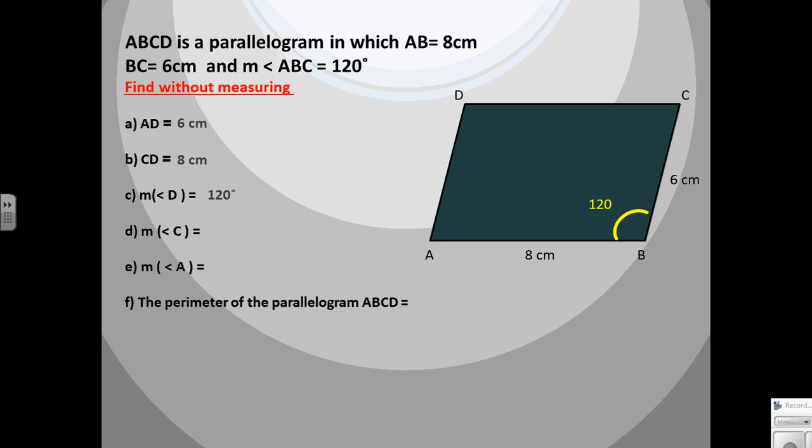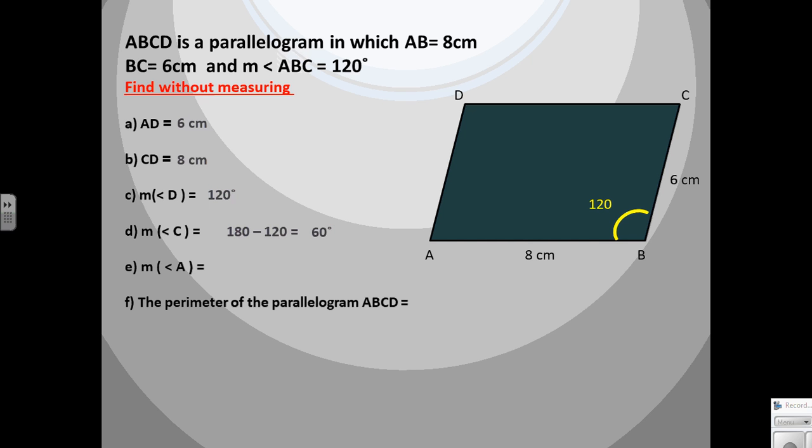We know that each two consecutive angles, the sum of them equals 180. So the sum of measure angle B plus measure angle C equals 180. We know the measure of angle B, which is 120. So how can we get measure angle C? Excellent. 180 minus 120. The answer will be 60 degrees.